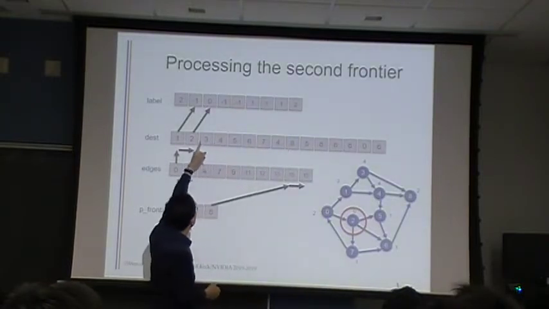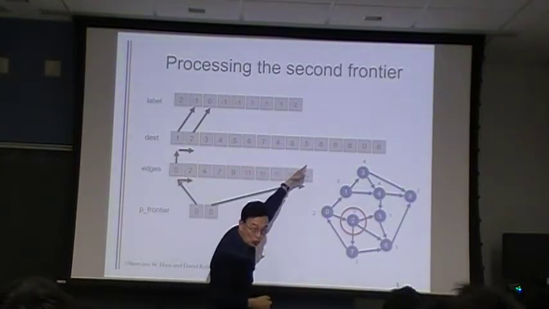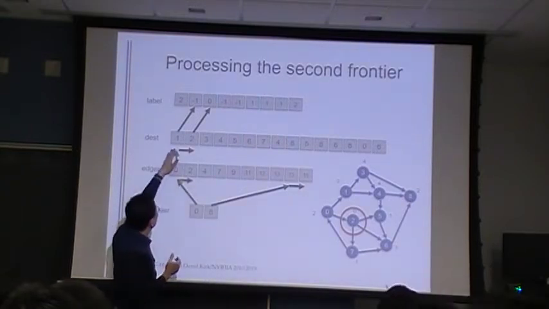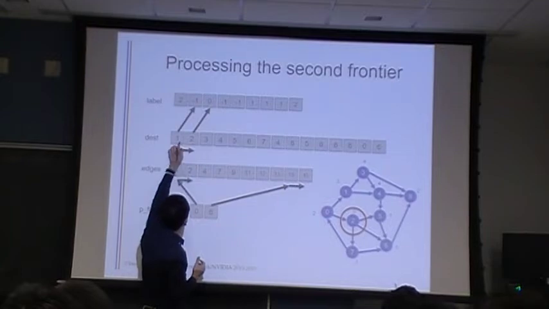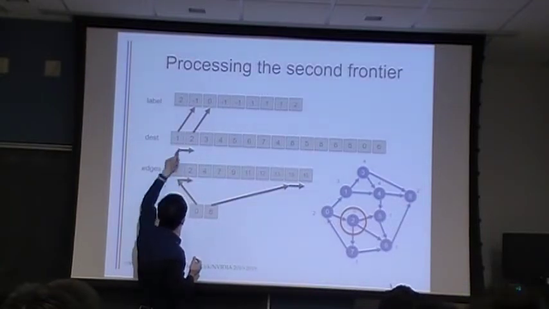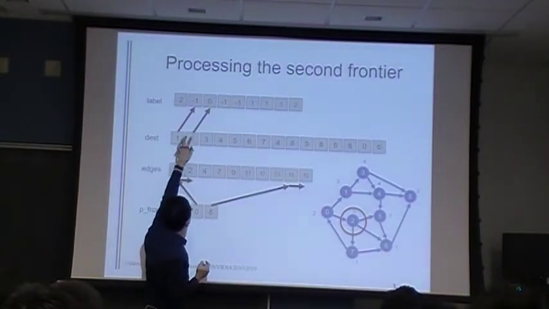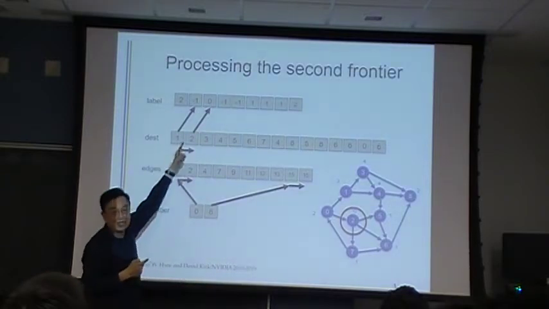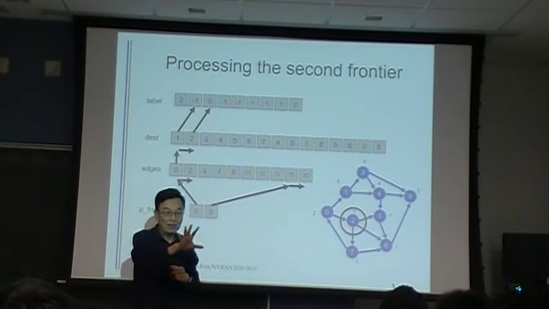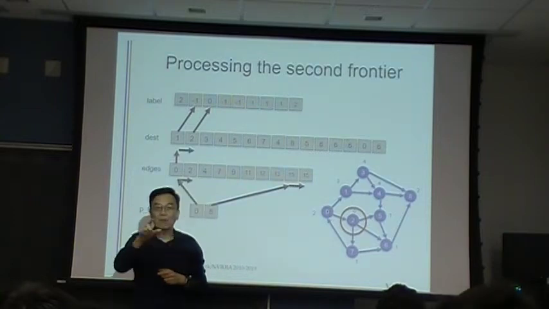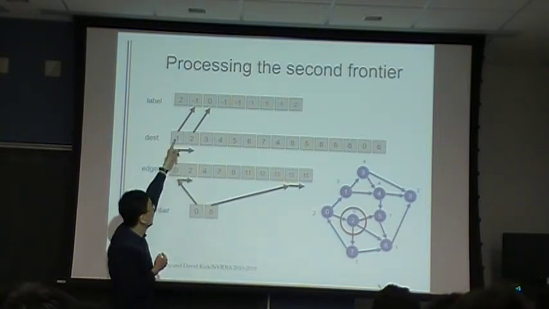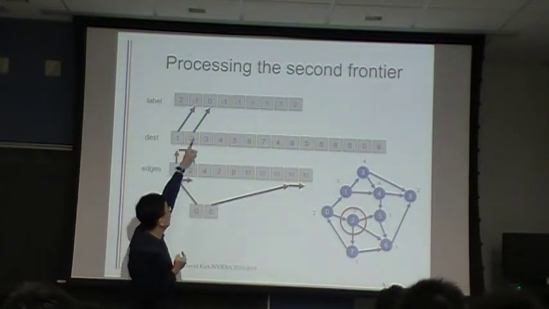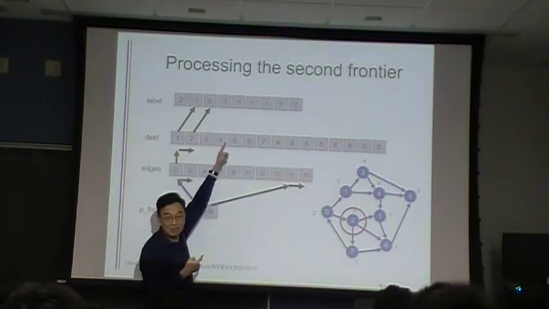And then I'll mark the next ones, 0 and 8, as 2. Now I'm discovering more, right? When I discover more, I will follow this and say, okay, for 0, I'm going to have 1 and 2. And I go there, I realize that only 1 has a -1. That means that it has not been visited. So I will go ahead and label that as 3, right? But the other one has been visited. It has a 0 value in there.